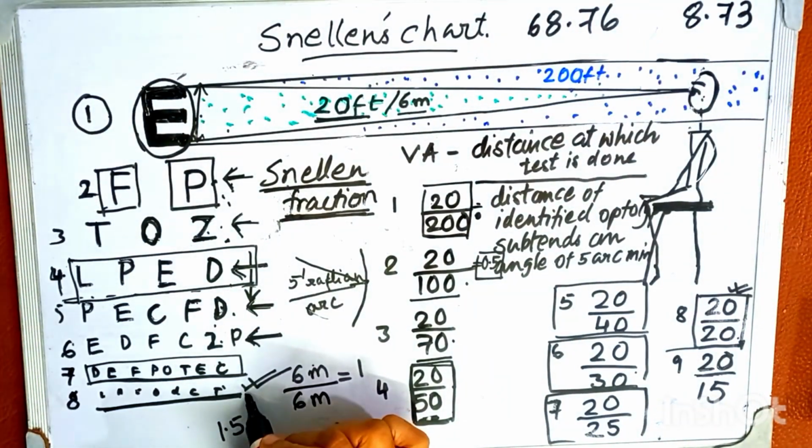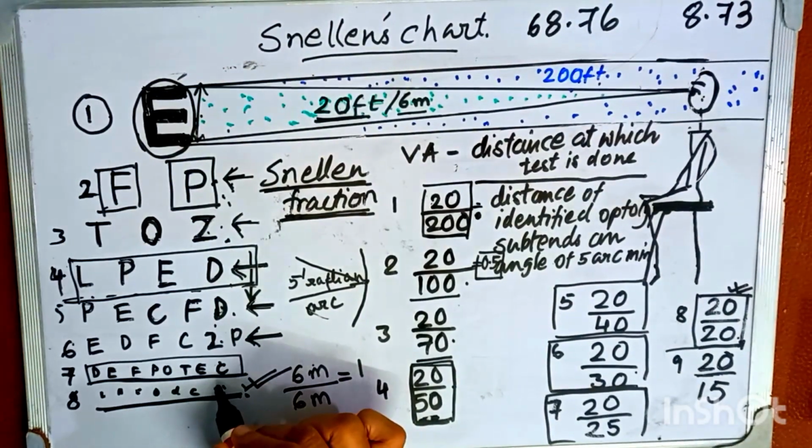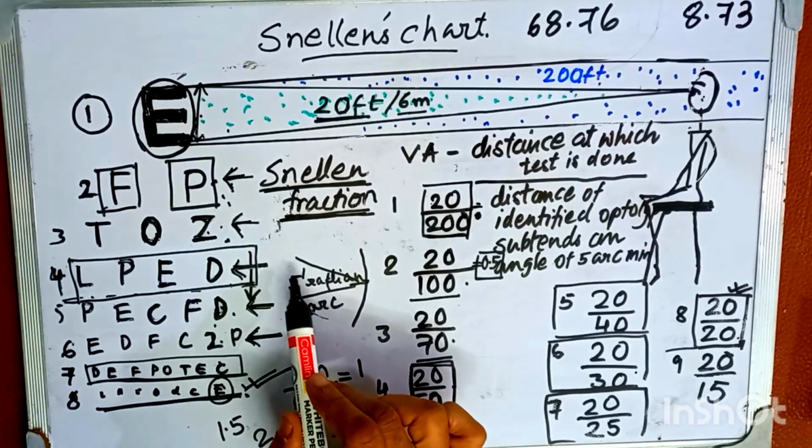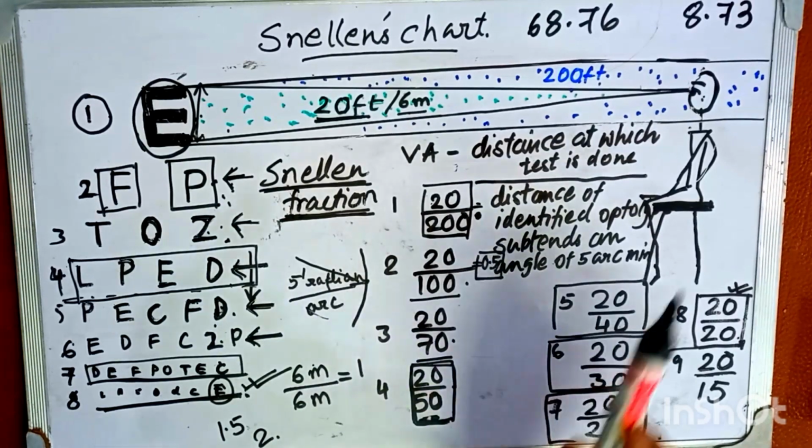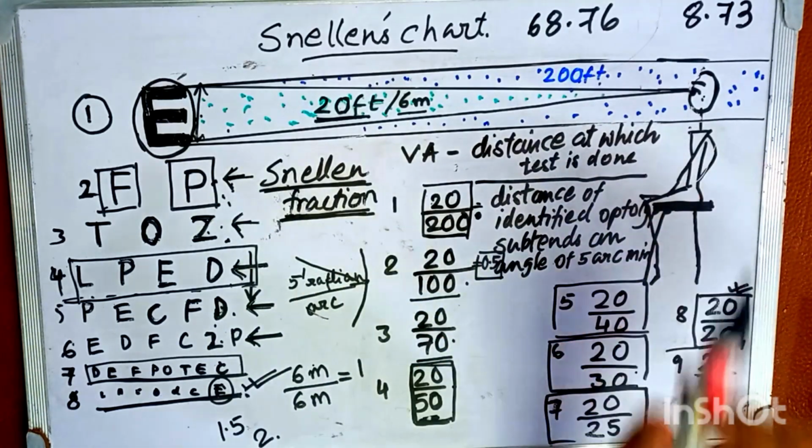This particular letter, say here is another E, a very small E, will subtend an angle of 5-minute arc in the eye of a subject who is 20 feet away.